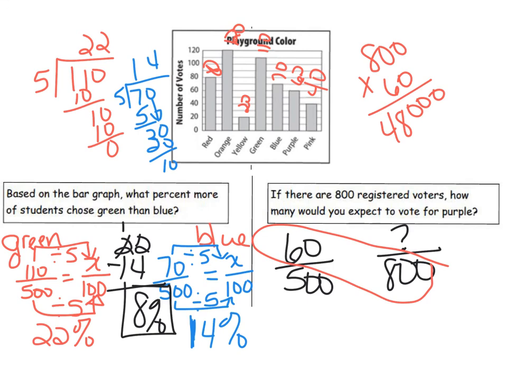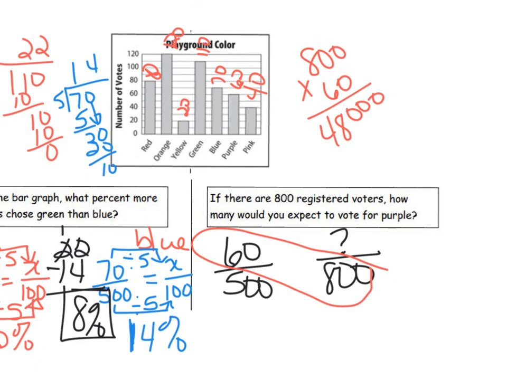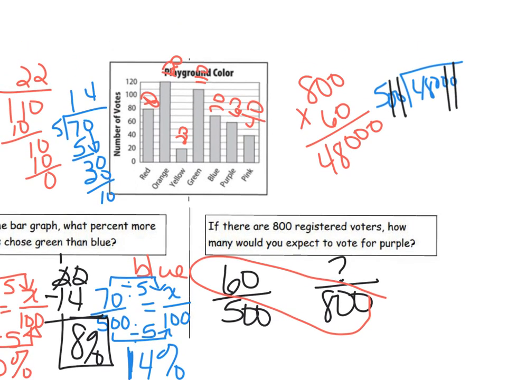Divide it by 500. So let's go ahead and do that. 48,000 divided by 500. And guys, what can we do with our zeros? Yeah, cross 2 zeros, and now it's just 480 divided by 5. We would still get the same answer? Yeah, because all we did was simplify it.